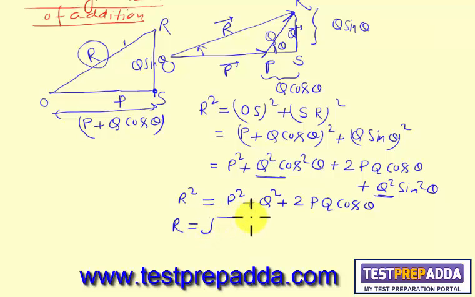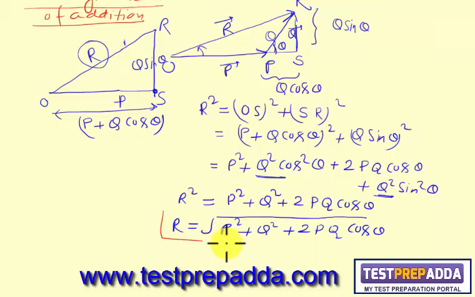That will be under root P square plus Q square plus 2 PQ cos theta. This is the R resultant. This is the magnitude of the resultant vector R.